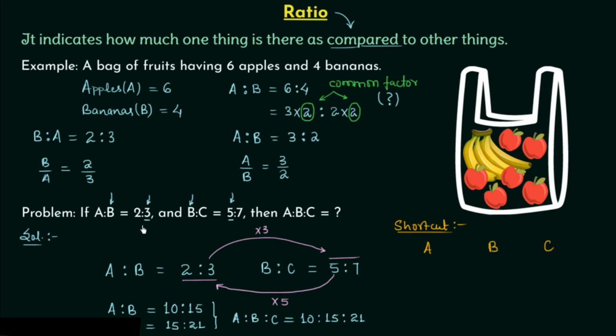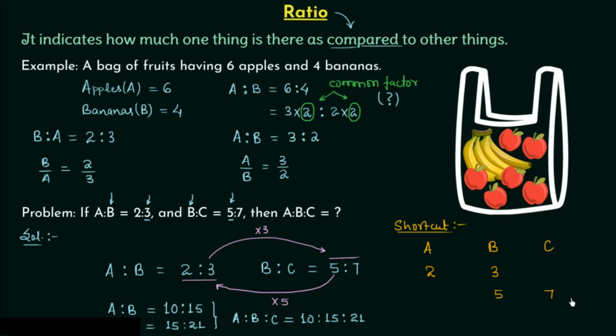Now from ratio number 1, we know A ratio B is equal to 2 ratio 3. So below A, I will write 2, and below B, I will write 3. From here, we have B ratio C equal to 5 ratio 7. So below B, we will write 5, and below C, we will write 7.